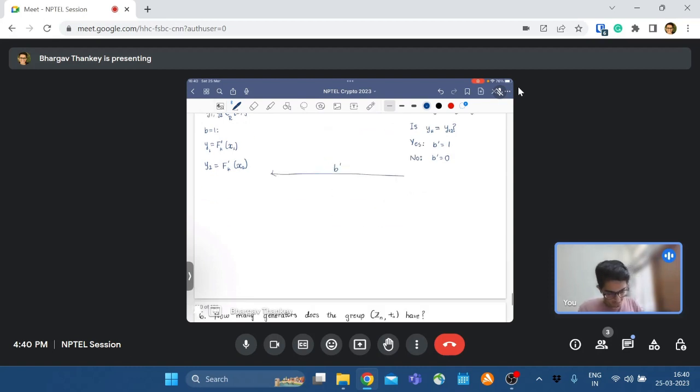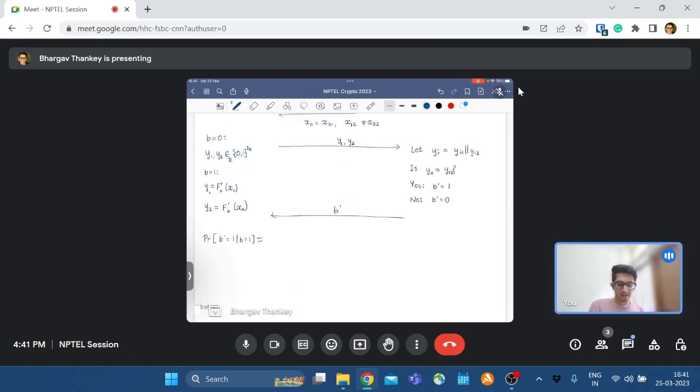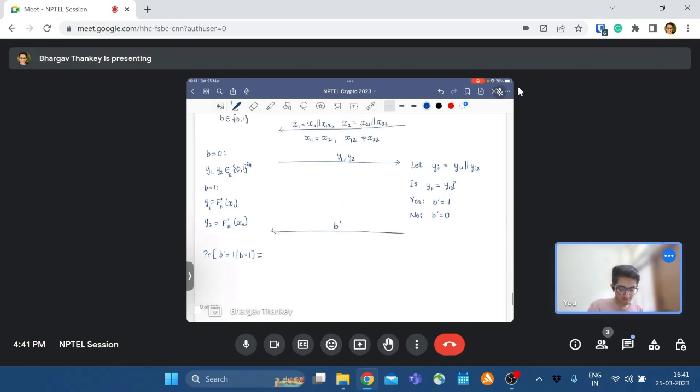So now let's look at this probability. When b is 1, the verifier is using the keyed function f prime k, right?